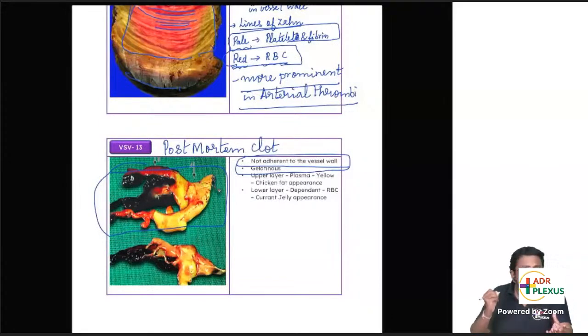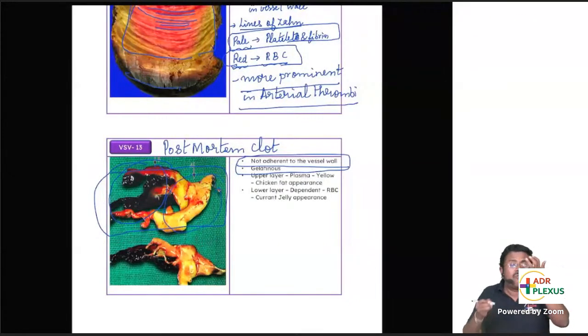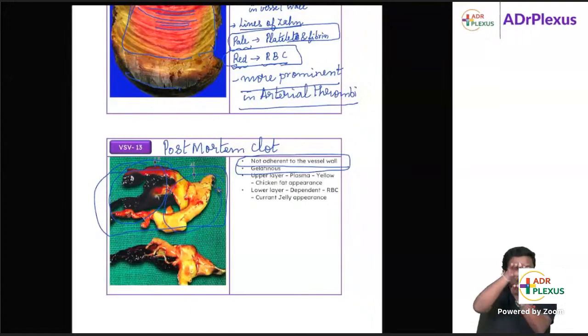So what is the classical finding in this post-mortem clot? You can see here, it has two parts, the red part and the yellowish part. What happens after death, when there is no circulation, is that the blood gets stagnated.